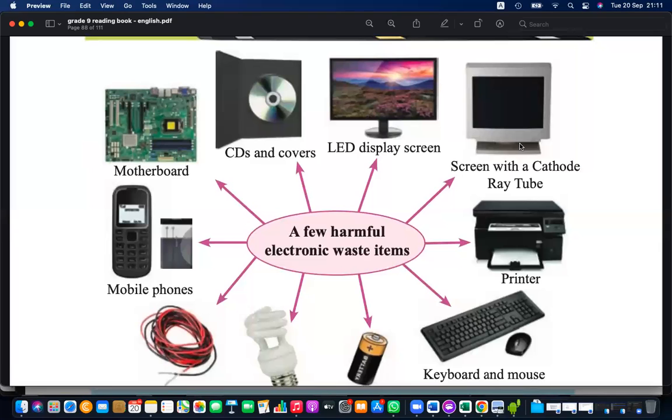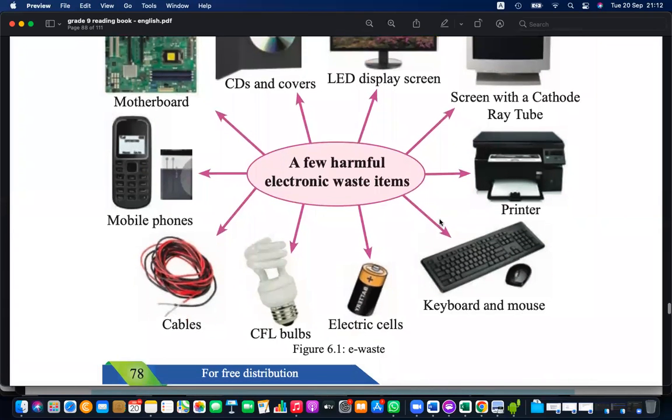There are harmful substances, elements, and compounds in them. Some substances are okay and not poisonous, like plastic-like compounds, but there are some poisonous materials in these things.